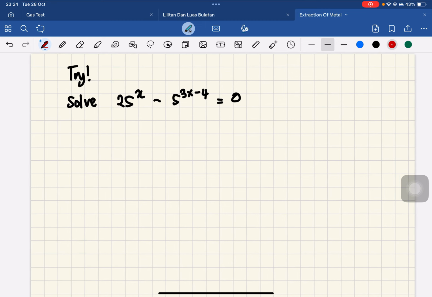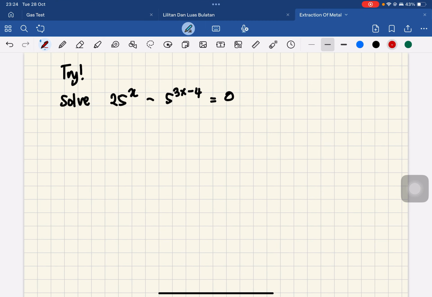Alright, let's try. You can pause this video and try this question. Okay, so this one, the operation is subtraction. So we know that if it is subtraction we have to divorce. But this one, if you look, the numbers actually have a relation, which is 5 and 25. We can reduce to the smaller base, in which 25 is 5 power of 2.